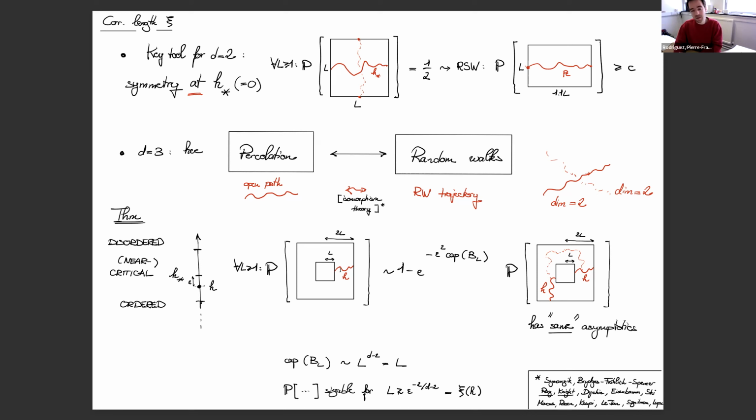This would be sort of an existence result, not quite at the critical point, but at distance epsilon away, with probabilities which are quantitative.